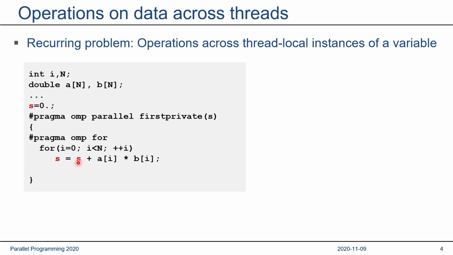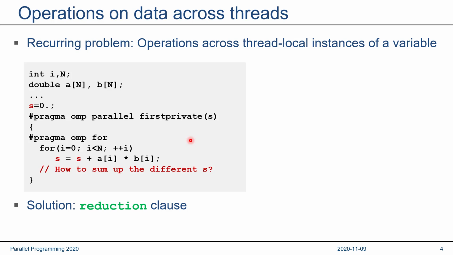So of course, each thread will use its own local private S variable to accumulate its local sum. But then at the end, we have no means of determining what should happen to these local sums and who should sum them up to get the global result.